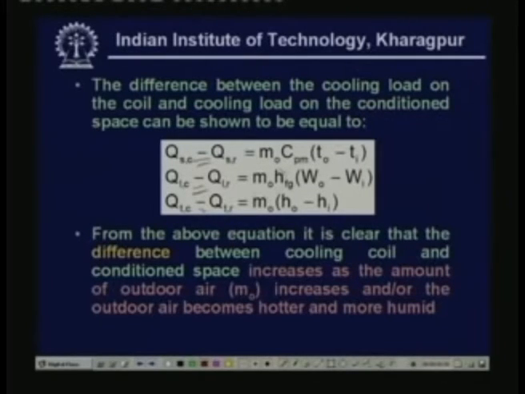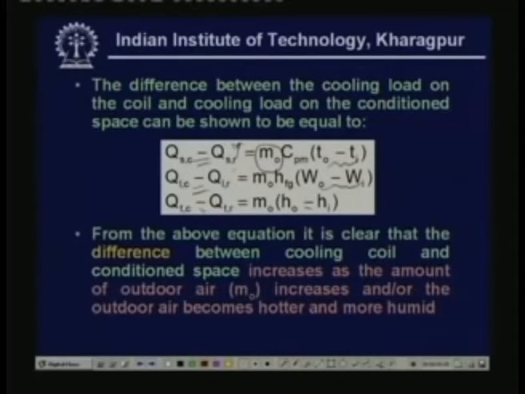You find that this is proportional to the amount of outdoor air added, and it is also proportional to the temperature difference or humidity ratio difference or enthalpy difference. So from the above equation it is clear that the difference between cooling coil and conditioned space loads increases as the amount of outdoor air increases. As MO increases, this difference also increases, or as the outdoor air becomes hotter and more humid.